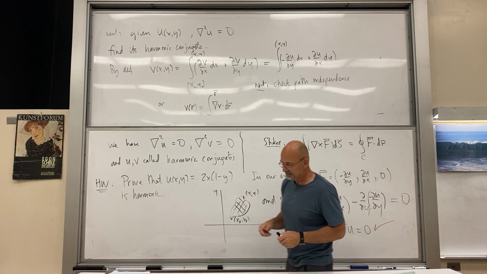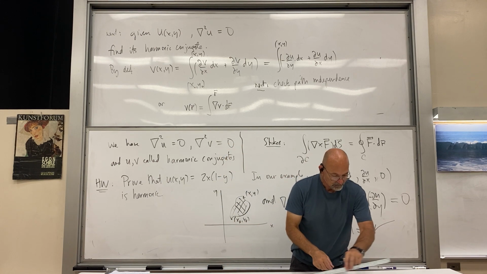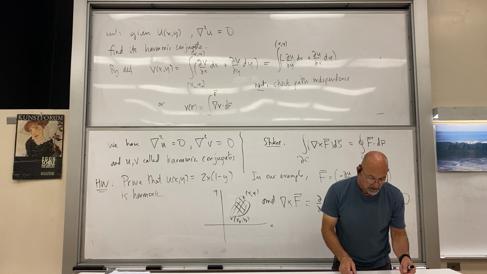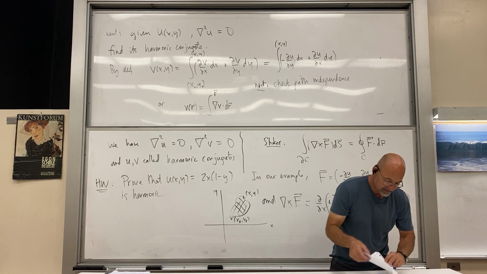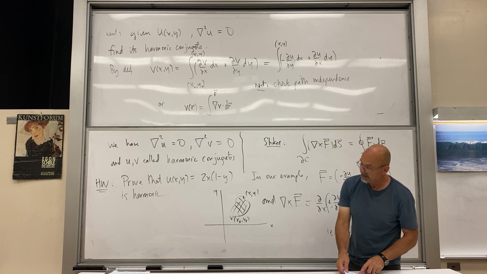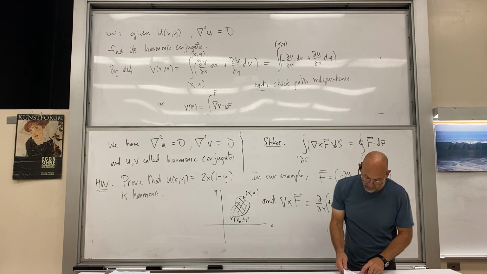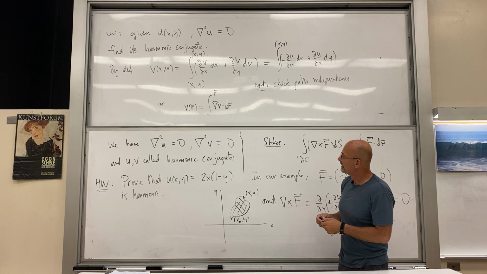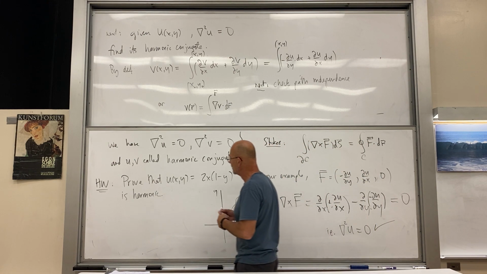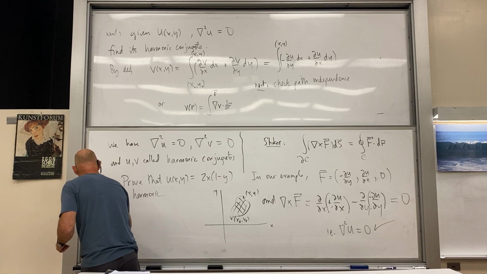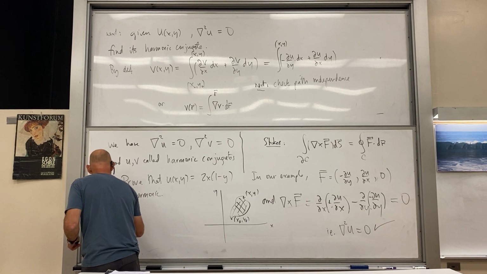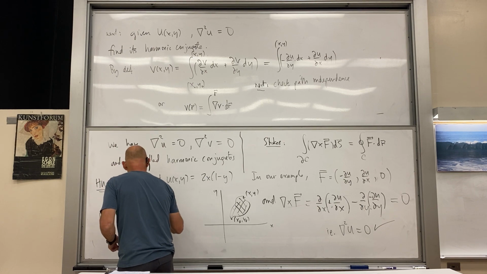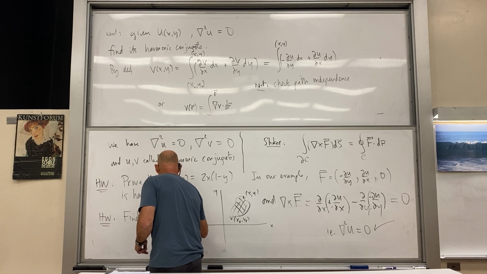Okay. So then I will add, checking that I've got this u_y, x, u_x, y, good. So then I'll add to the homework, to that little homework problem: find the harmonic conjugate.